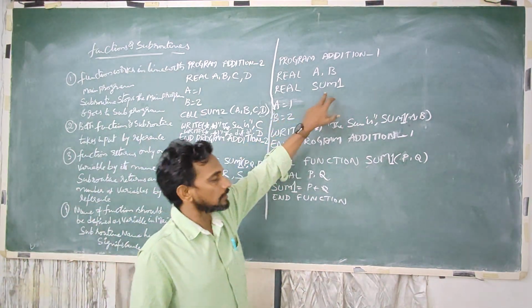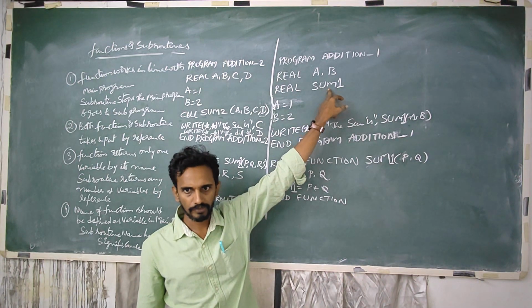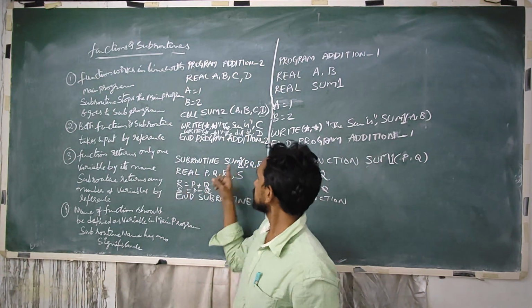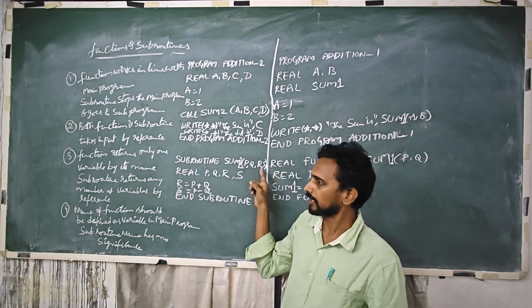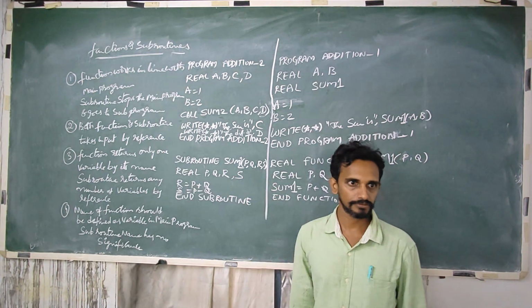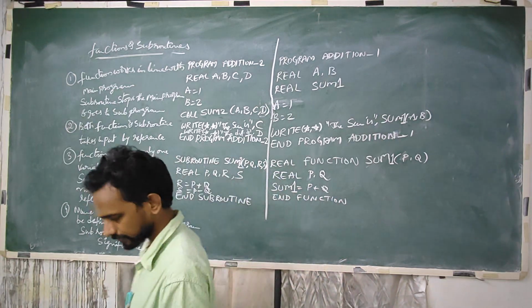So here the output is passed on to the main program through the name of the function. So it should be defined as a variable. Whereas subroutine name has no significance. All the output variables will be passed by reference. So name of the subroutine has no significance.